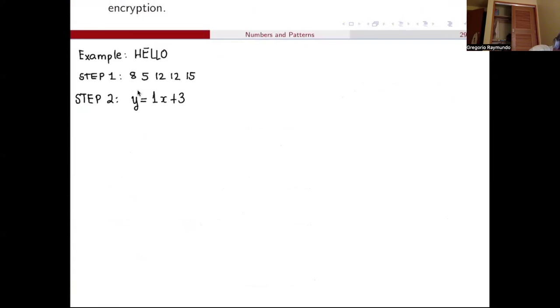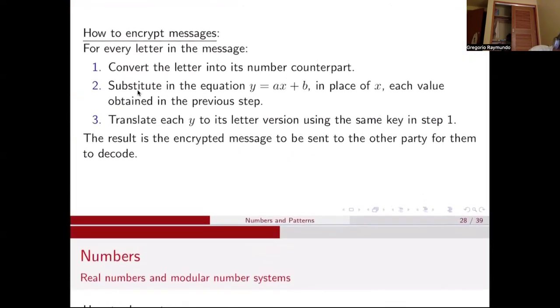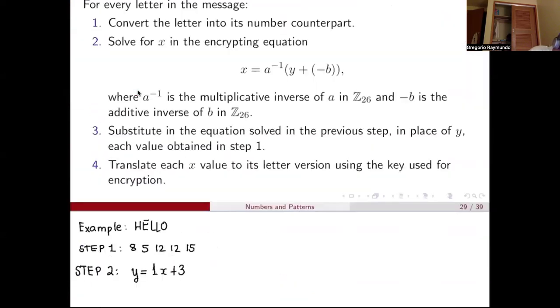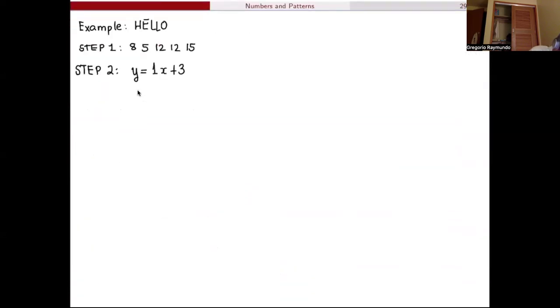So, ano makukuha natin? I-substitute natin yung bawat values na yun na nakuha natin dito sa y is equal to ax plus b. So, we get here x 8, 5, 12, 15. Ito naman, x plus 3. Y is equal to x plus 3.